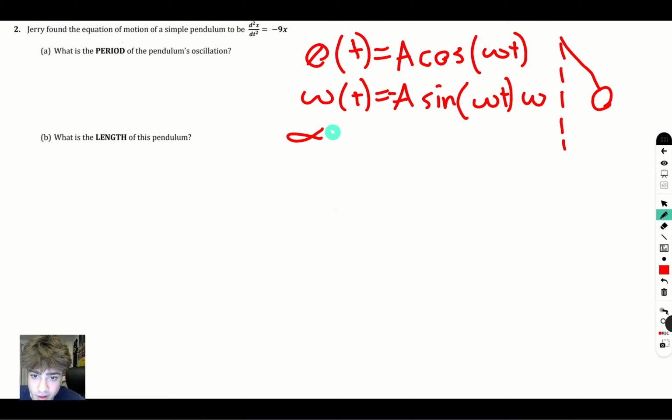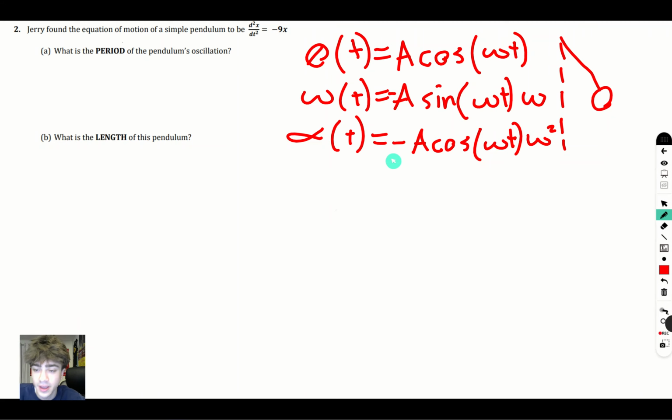And in order to find our alpha in terms of t, we're going to take another derivative, and that will give us negative A cosine omega t times the derivative of the inside again, which will leave us with omega squared. And what we realize here is that this A cosine omega t is the same thing as our displacement, so we can just replace it with theta. So we'll get that alpha of t is equal to negative omega squared times theta, our displacement.